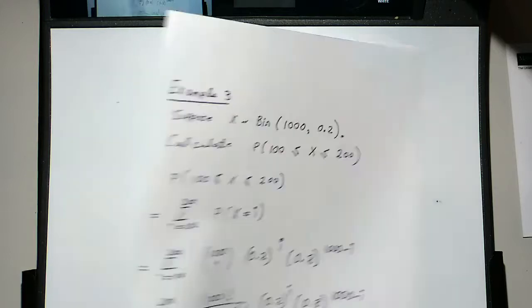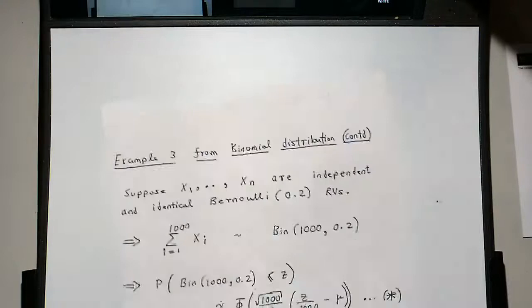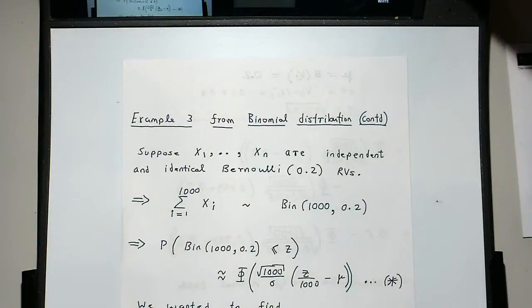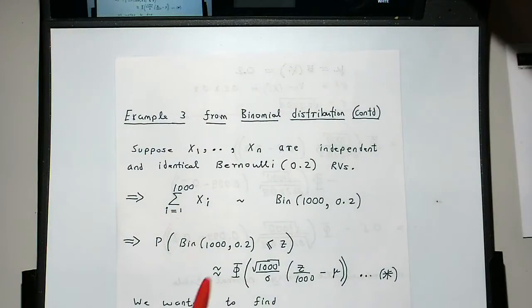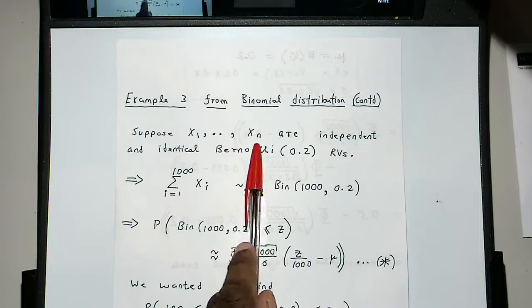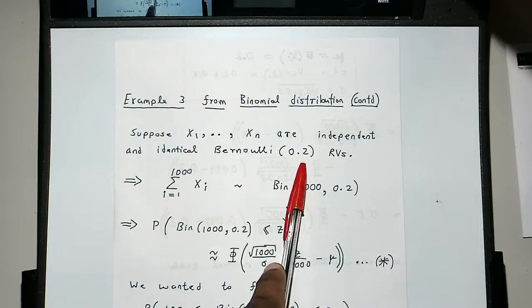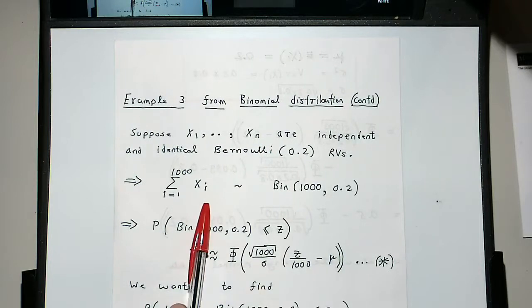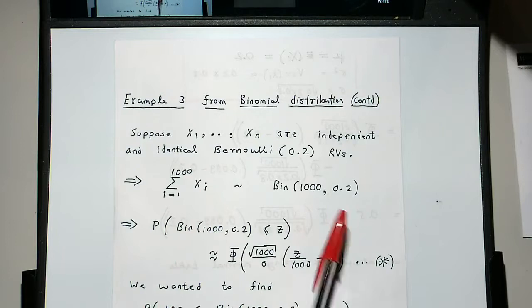And that's what I showed in this slide here, right? I'm going to use the fact that x1 to xn are Bernoulli with parameter 0.2, which means that the sum is a binomial.